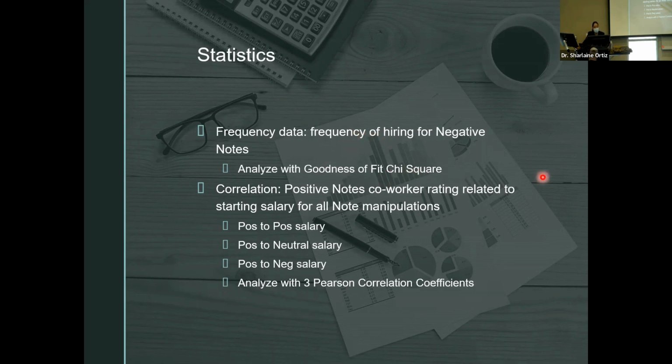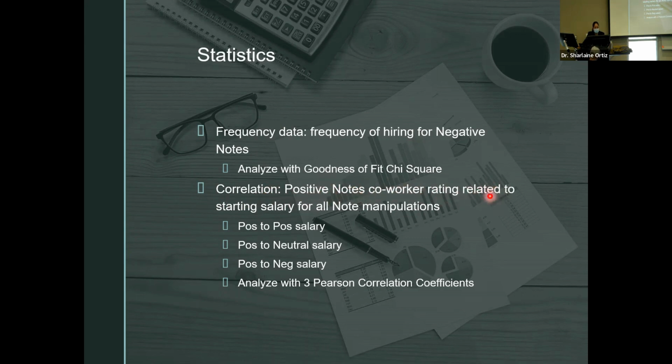Whenever we start talking about our statistics next class, I'm going to describe to you exactly what that looks like. Most of you remember that we have correlations. Correlations simply mean relationships. So here we're going to determine whether or not there is a relationship between positive notes of the coworker rated.